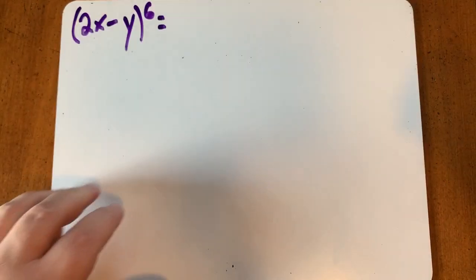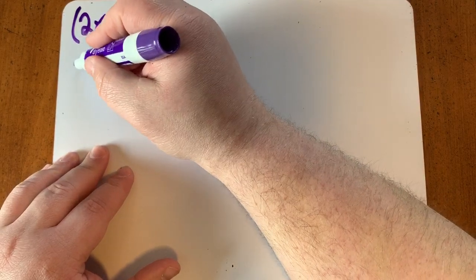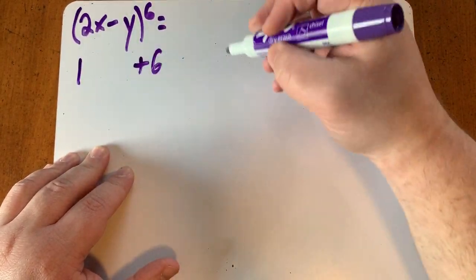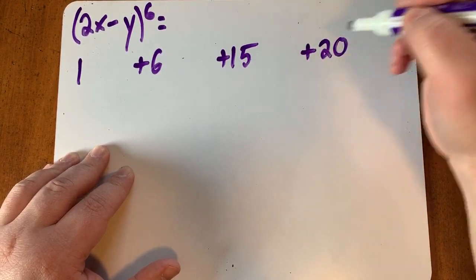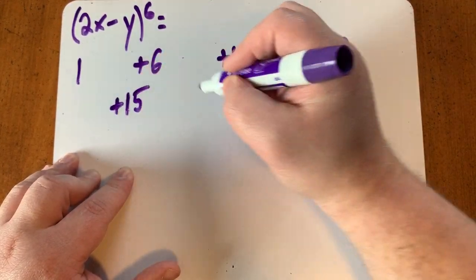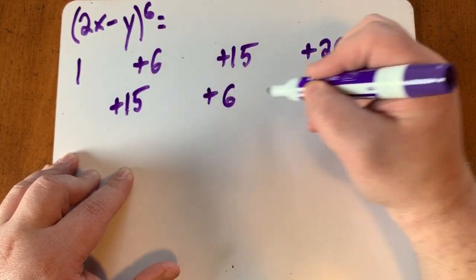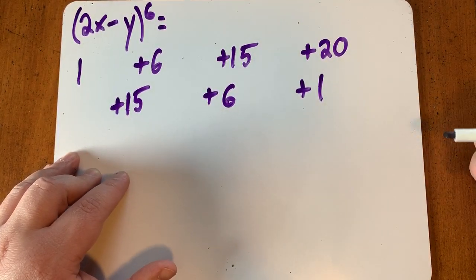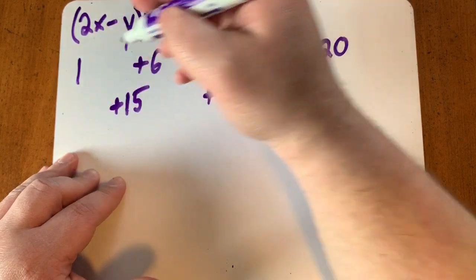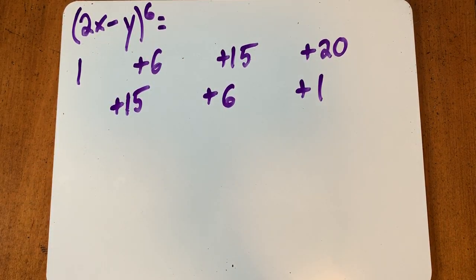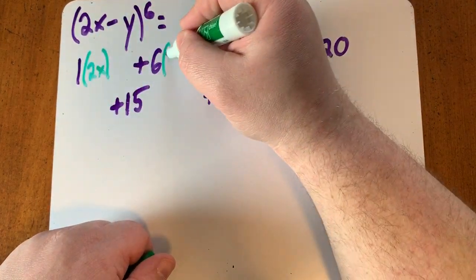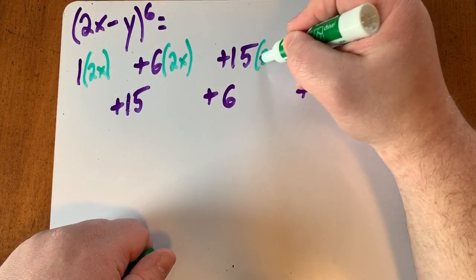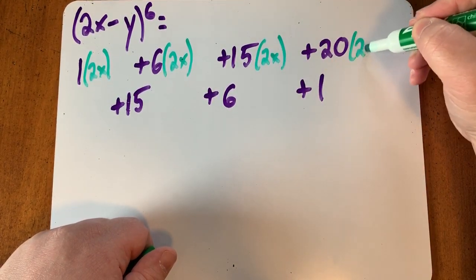So since it's to the 6th, our coefficients will be 1, 6, 15, 20, 15, 6, and 1. And we'll have a 2x on each of those. 2x, 2x, 2x, 2x.